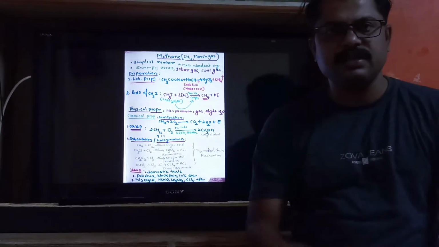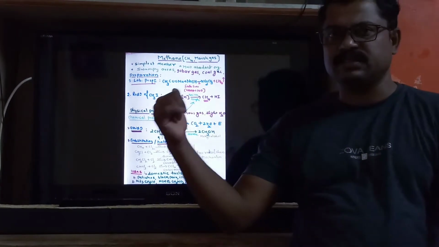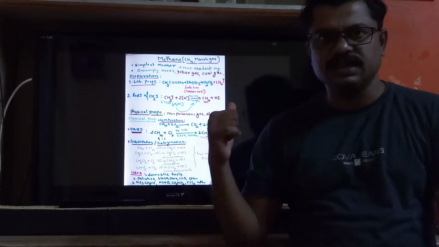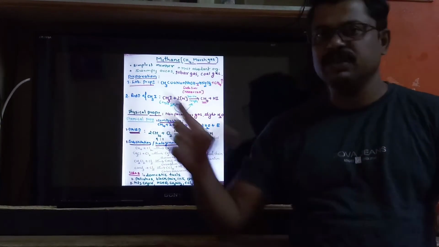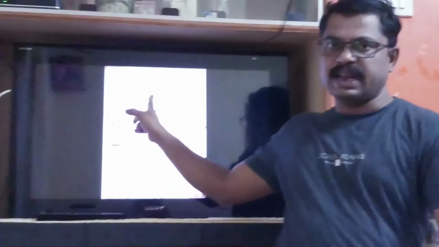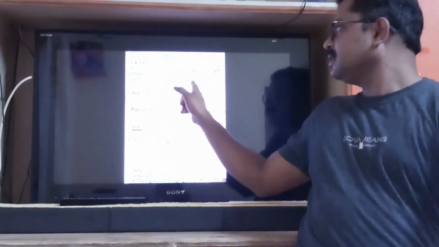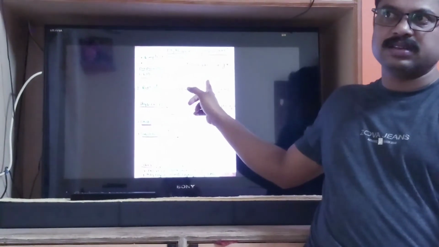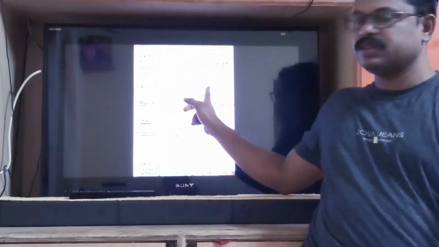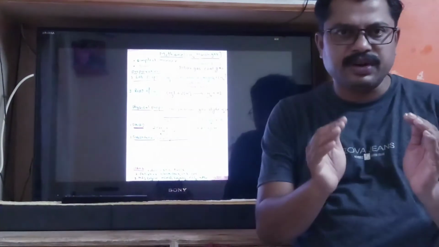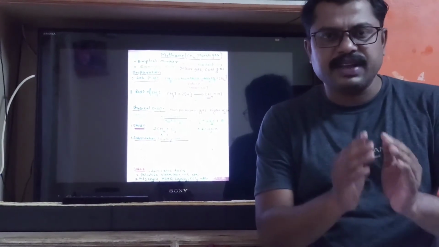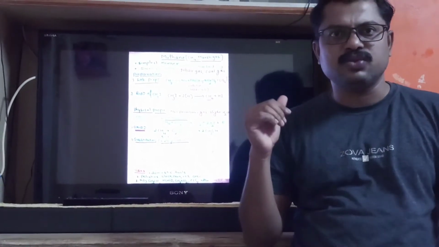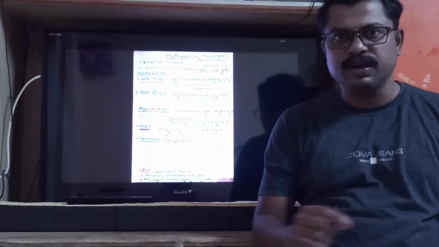Nowadays it is abundantly synthesized by laboratory preparation. Here, a fused mixture of anhydrous sodium acetate and soda lime. Soda lime means sodium hydroxide and calcium oxide. That is called soda lime. So you have to take a fused mixture of anhydrous sodium acetate and soda lime in a boiling tube and heat it.